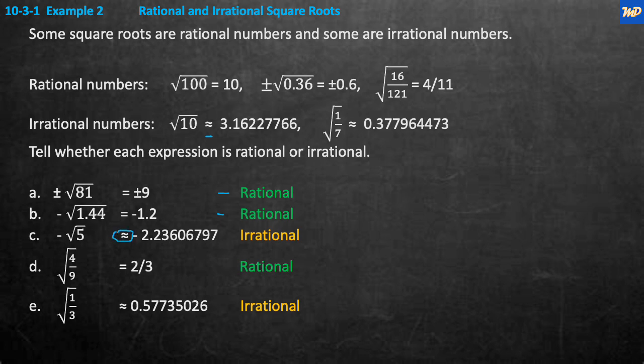You can get very, very close, but it's still an approximation. How about the square root of 4 divided by 9? That's 2 divided by 3. Very rational. And the square root of 1/3 is approximately 0.577350026 forever. And that's irrational.